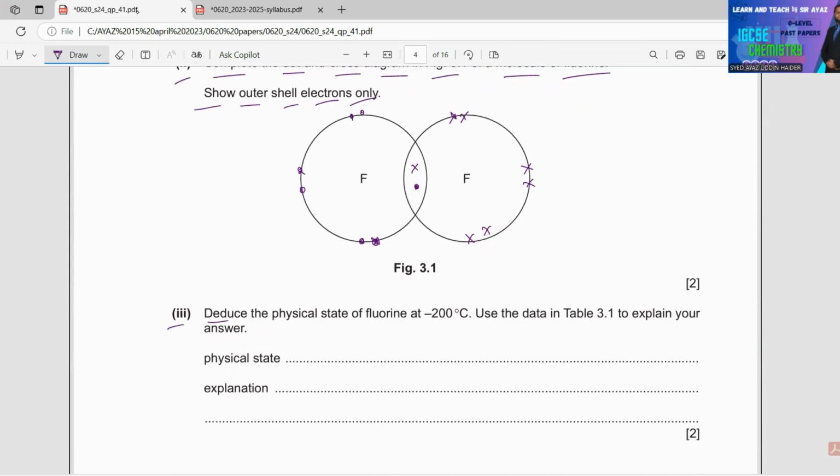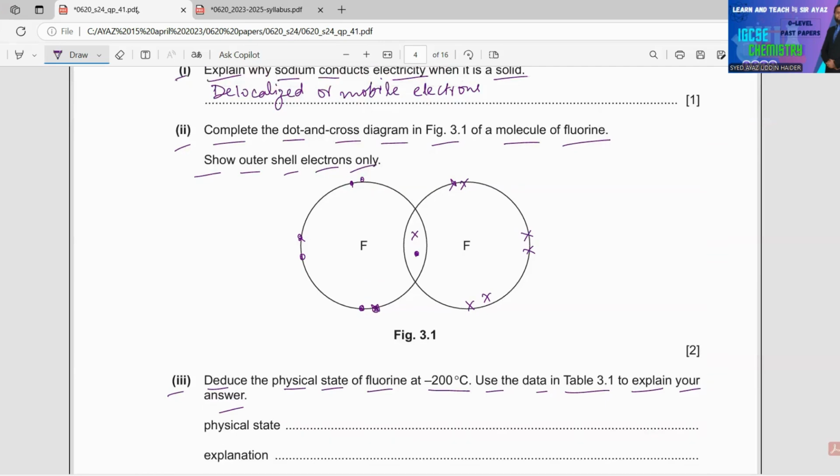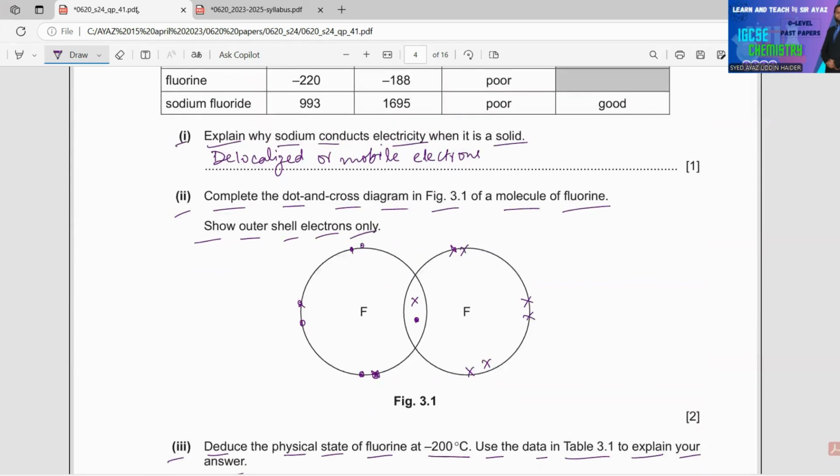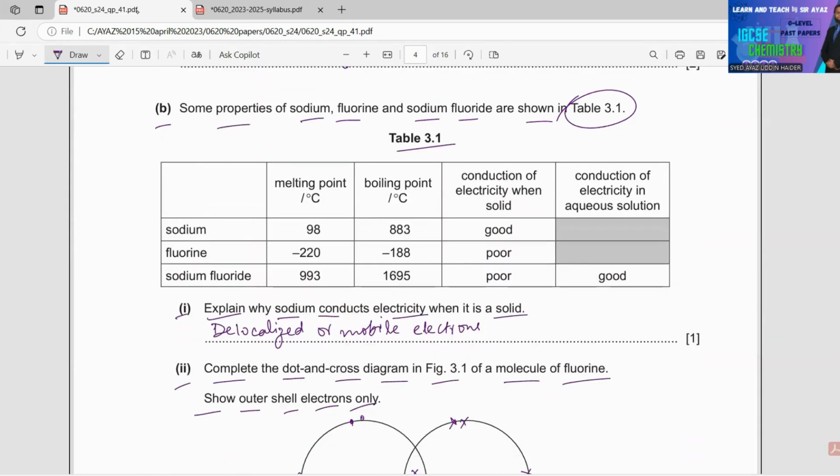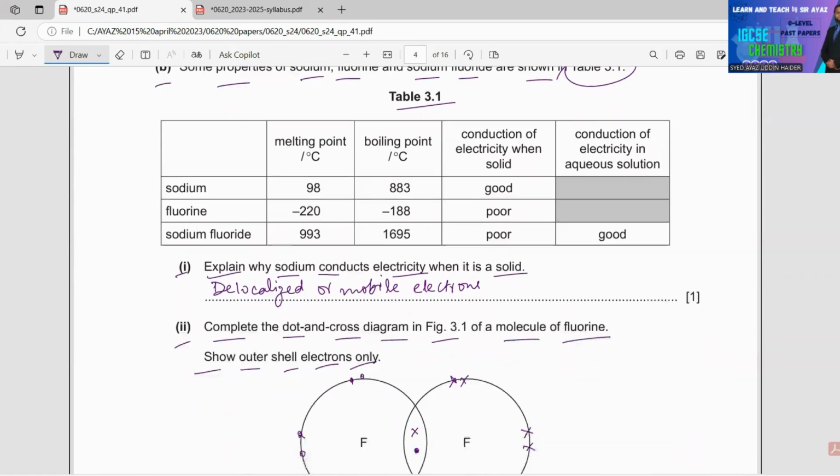Number 3, deduce the physical state of fluorine at -200 degrees centigrade. Use the data in table 3.1 to explain your answer. So they are asking about fluorine at -200 degrees centigrade. If you look at fluorine, the melting point is -220 and boiling point is -188.